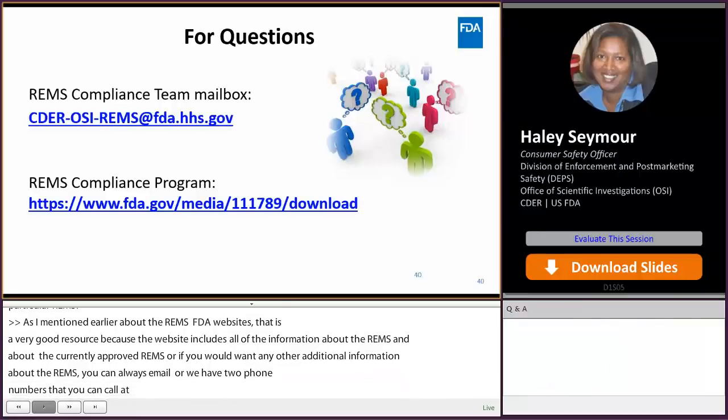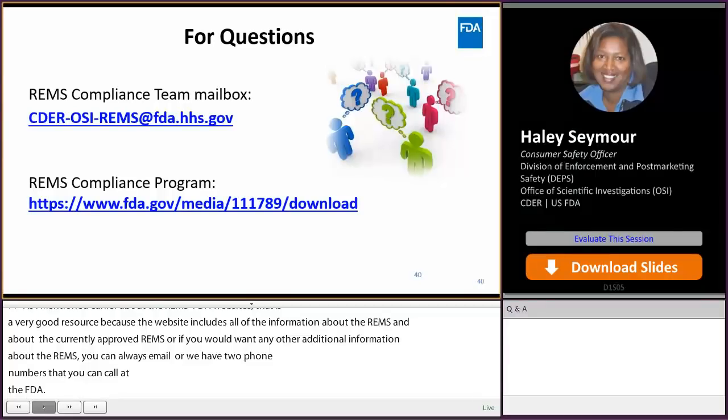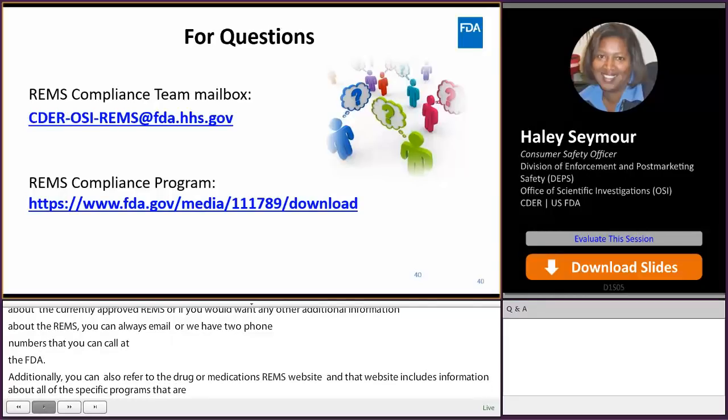Additionally, you can also refer to the drug or the medication's REMS website, and that website includes information about all the specific programs that are applicable to the drug, and it also contains the contact information for the manufacturer or the entity that is the REMS administrator.